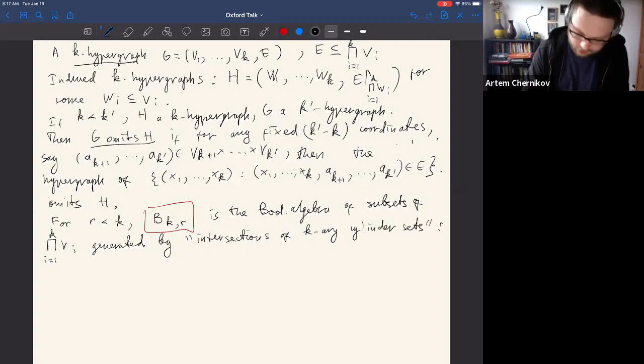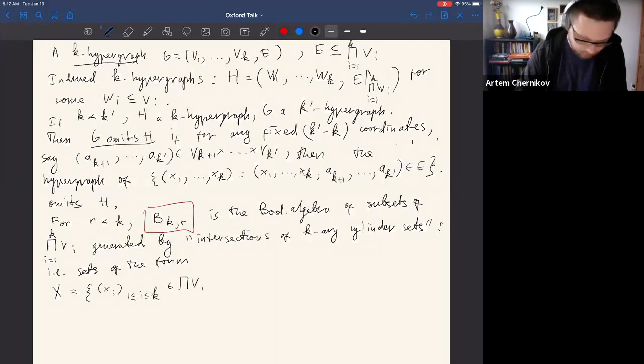So what do I mean by this? I.e. sets of the form as follows. We consider all tuples x_i of length k belonging to the product of the V_i, where the set is determined by fixing a bunch of conditions, but each of these conditions is only allowed to talk about at most r coordinates at a time.